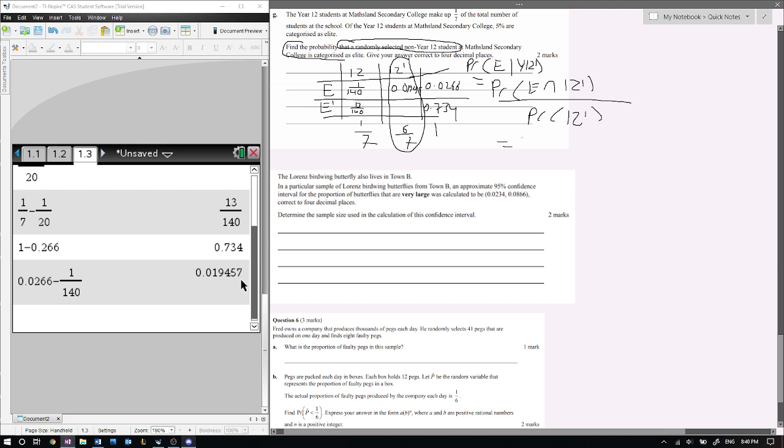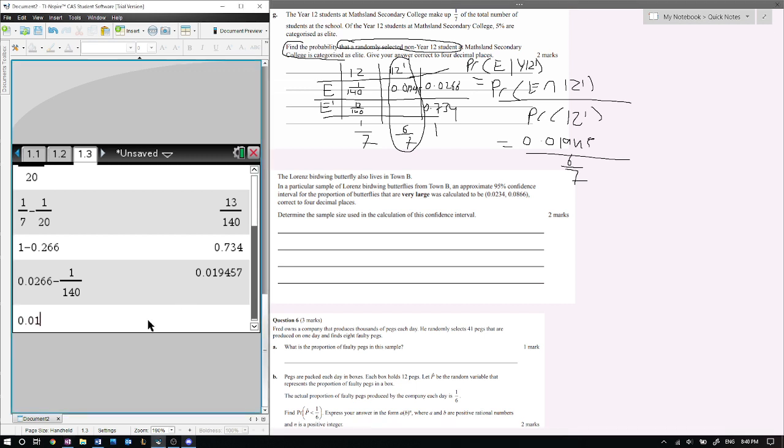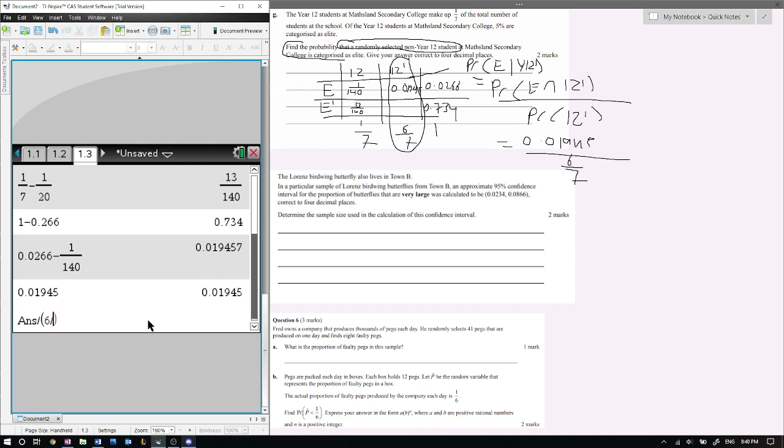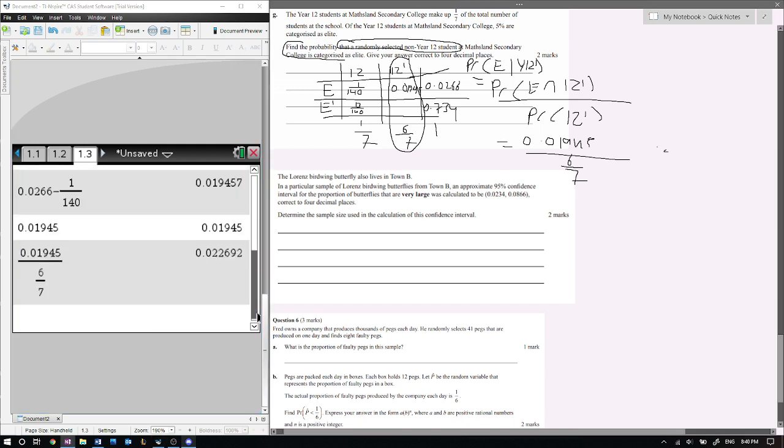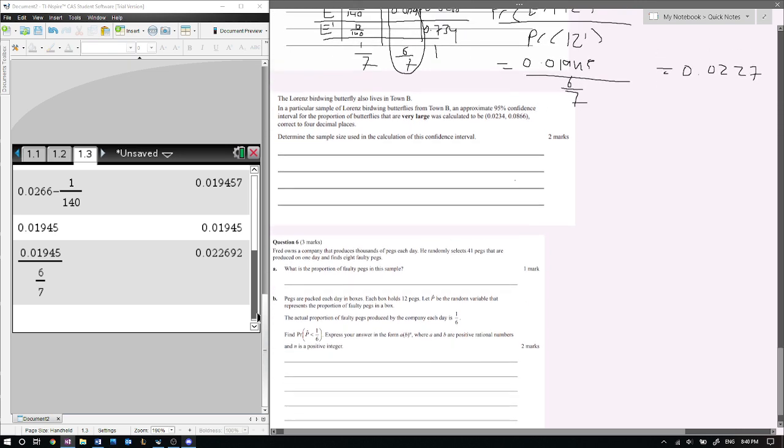E and not 12 is just 0.01945 over Pr(not 12), which is 6/7. And just in the calculator, the answer would be here. So that gives you 0.0227 to 4 decimal places.